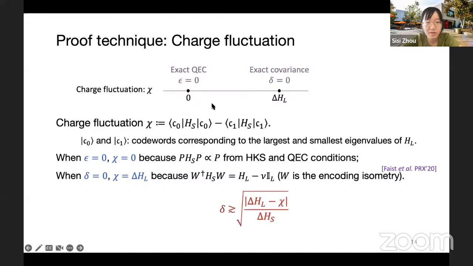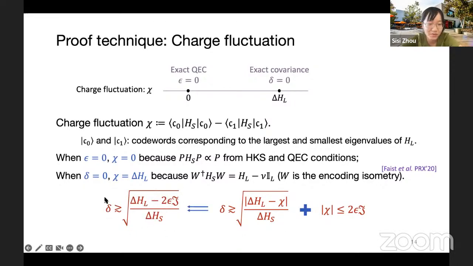In order to get our trade-off relations, we first try to put a lower bound on delta using the distance between delta HL and chi. We can also put a lower bound on epsilon using the distance between chi and 0, which is basically the absolute value of chi. Combining these two, we will be able to prove this first type of trade-off relation.